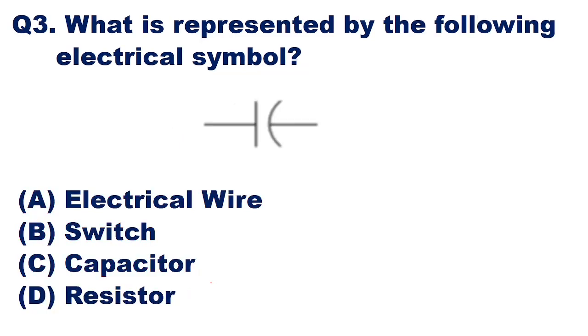Next, we'll go to question number 3. What is represented by the following electrical symbol? So we know that the symbol of the parallel plate concept represents a capacitor. So here we can see a plate here, one straight plate and one curved plate. So this represents a capacitor here.